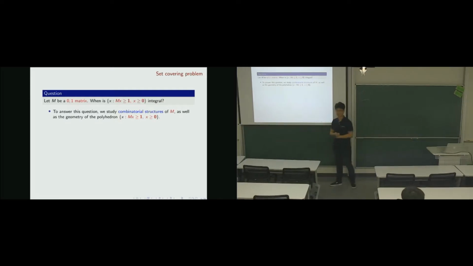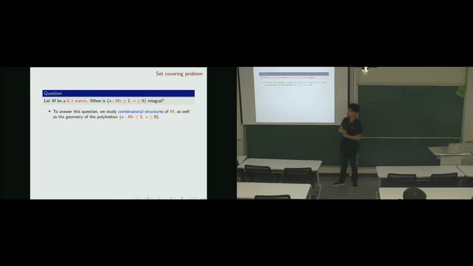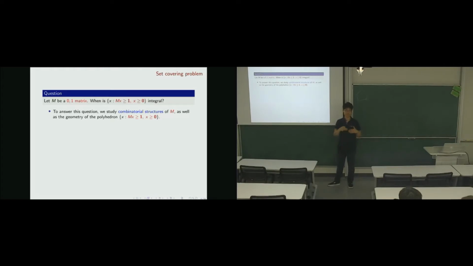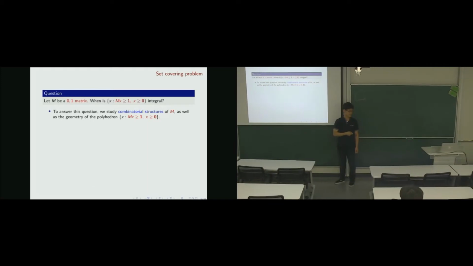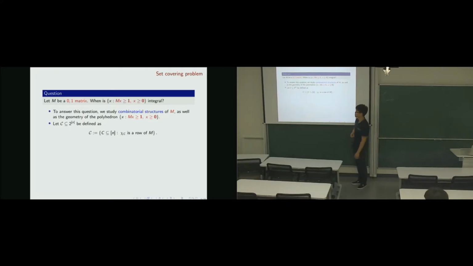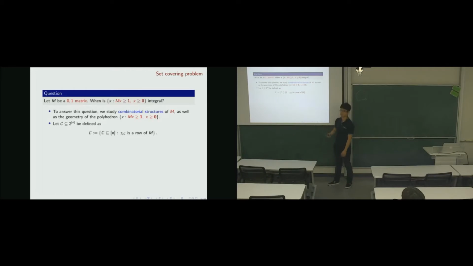Because a 0, 1 matrix has some combinatorial meaning, I can also use the combinatorial structure of this matrix system, as well as the geometry of this polyhedron. What I meant by that is the following. You can label the columns of this matrix from 1 through n.